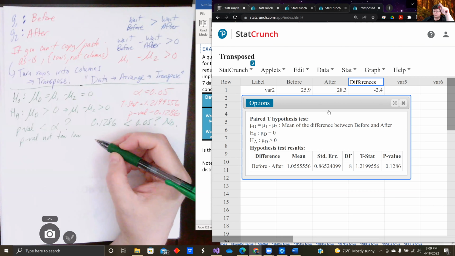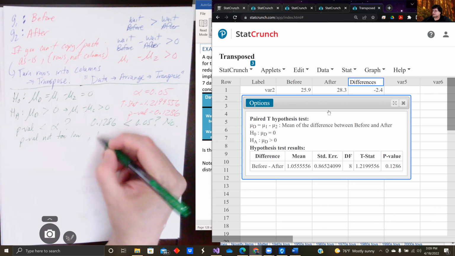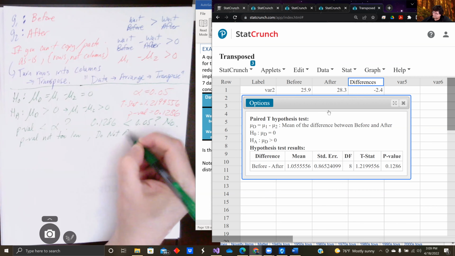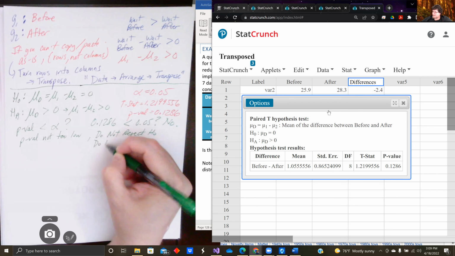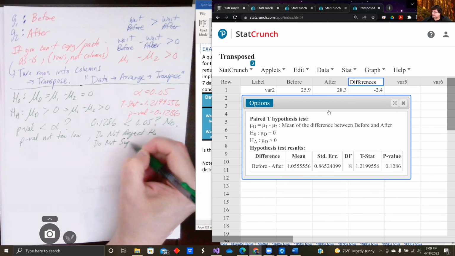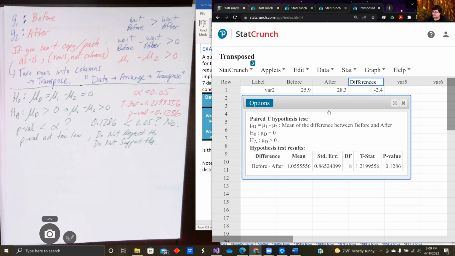If the p-value was too low, we would reject H naught. Since it's not too low, we don't reject H naught. And since we're not rejecting H naught, we're not going to support HA. And HA was that implementing those procedures would reduce the wait time. So that's what my statement's going to be all about.